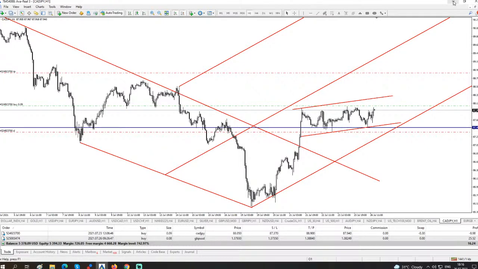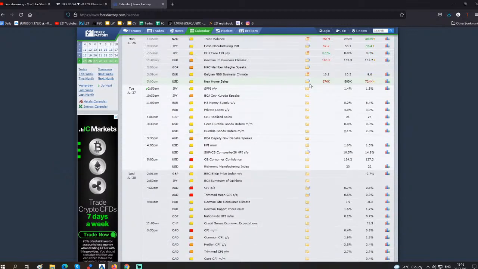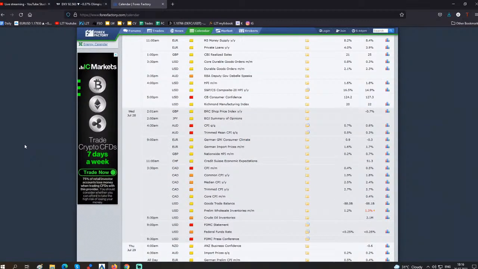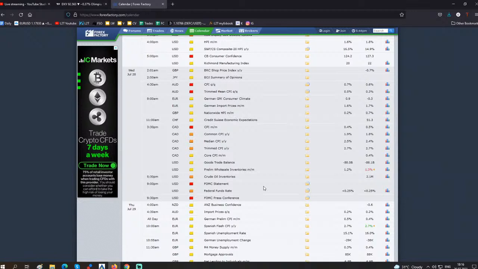Okay, so new home sales was unexpected data. Also tomorrow you should be careful around the CB consumer confidence, the US CB consumer confidence. The specialists are expecting an important drop as well. All these may have forced the dollar to drop in the short term. Also, on Wednesday we'll have the FOMC, the Federal Open Market Committee. The Federal Reserve will publish its federal funds rate, also the FOMC press conference.